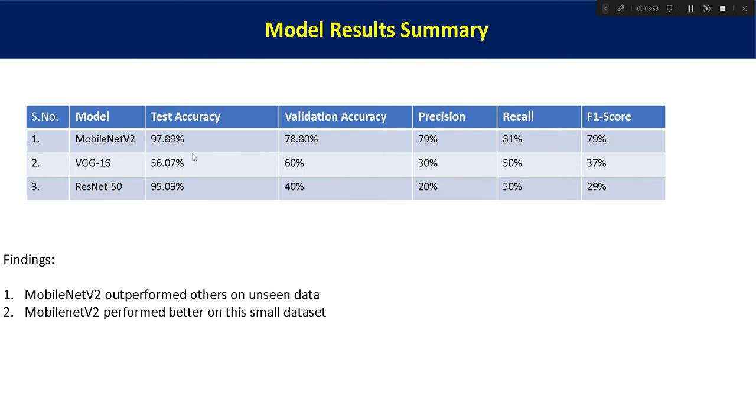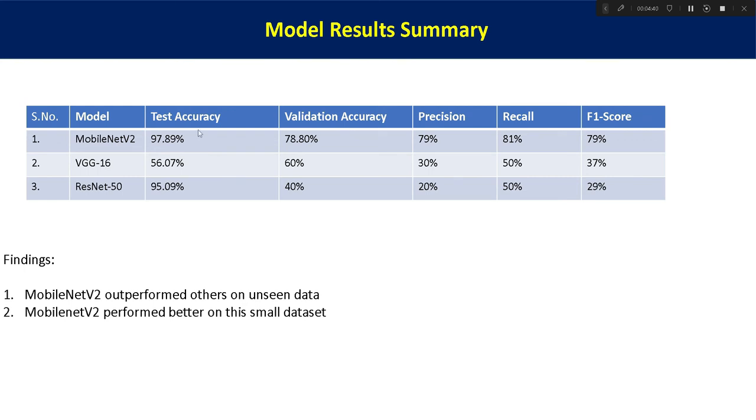You can see that here we have evaluated based on these 5 parameters. Test accuracy is the accuracy which we use during the model training. So this part is seen by the model, so we cannot say it is unseen. This is usually high when we train any computer vision model, but you cannot claim the actual performance of the model based on this accuracy, because this test set we are using during the model training process.